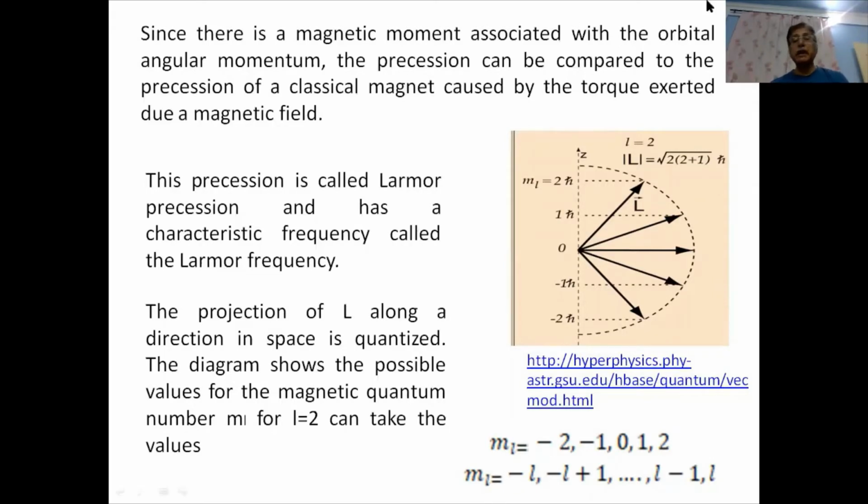So ML will range from -2 to +2: -2, -1, 0, 1, and 2, as you can see. So this angular momentum will have space quantization whose projection on any given axis will be, if L is equal to 2, -2, -1, 0, 1, and 2.